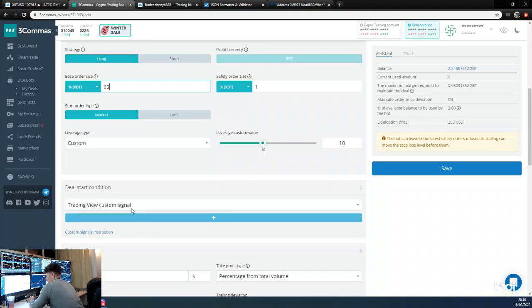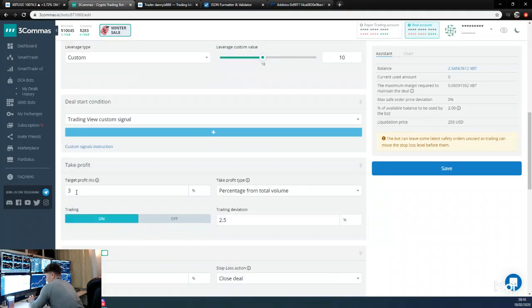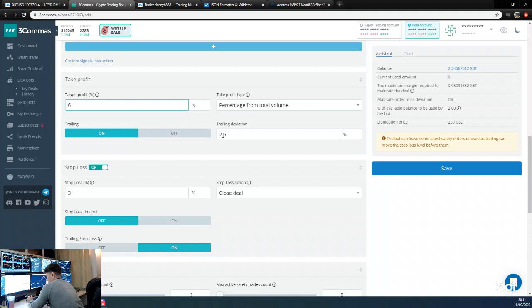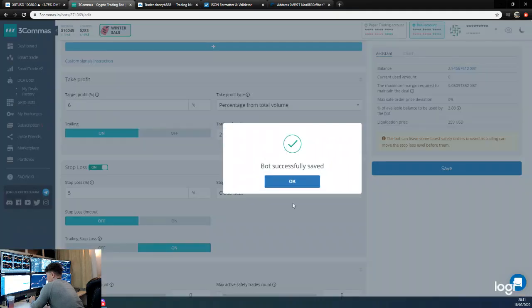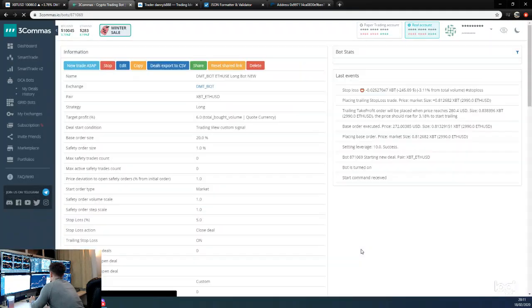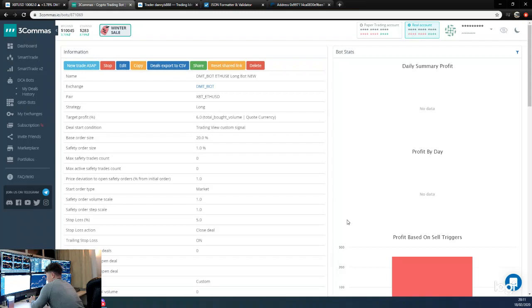I'll change my target take profit to 6, and I'll change the deviation to 2. And then my stop loss I'll change to 5. So we have given ourselves a bit of leeway there, so I'll save that. Basically we're factoring in the higher volatility in the price of Ethereum.